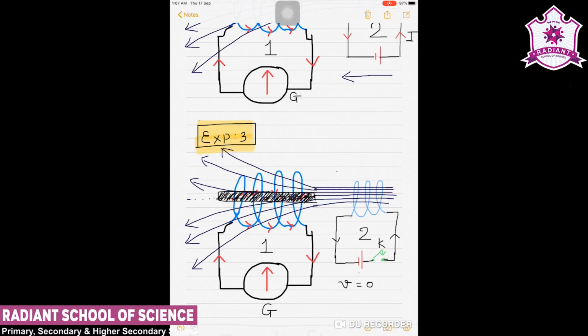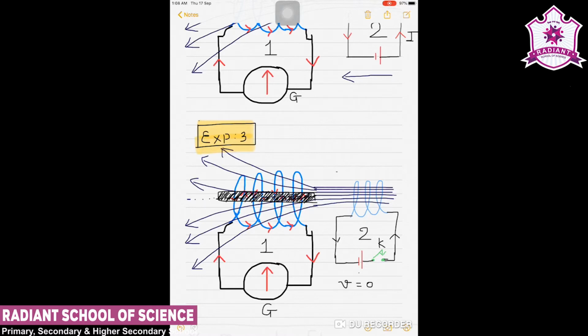In the same experiment we also saw that if we do not change the electric current, that means key K is pressed continuously, and coil 2 is made stationary, then no change in magnetic field will take place in coil 1, and due to that no induced EMF is produced, no current will flow through it, and the galvanometer shows zero deflection.